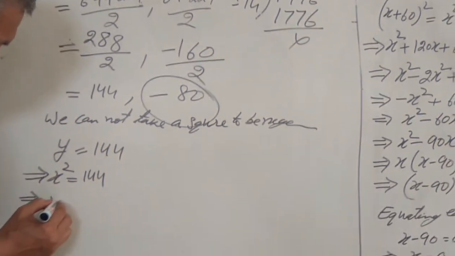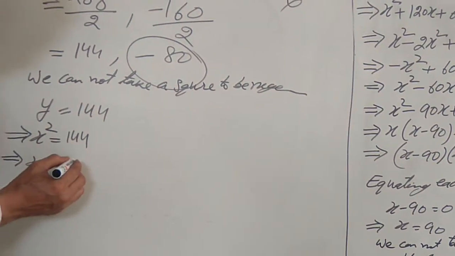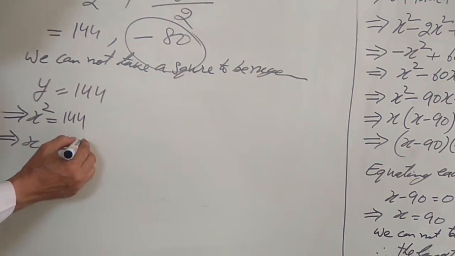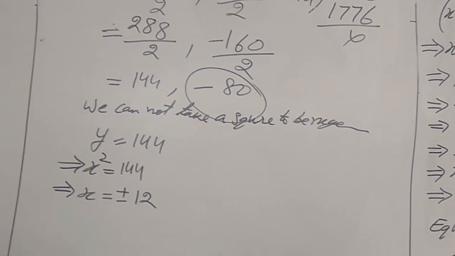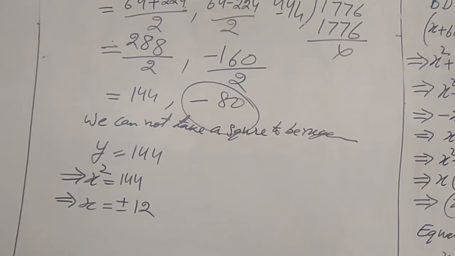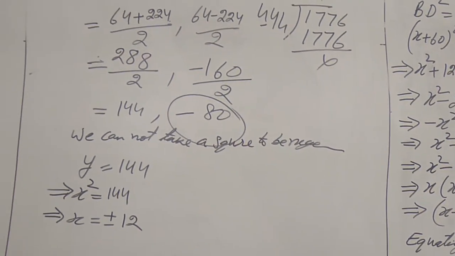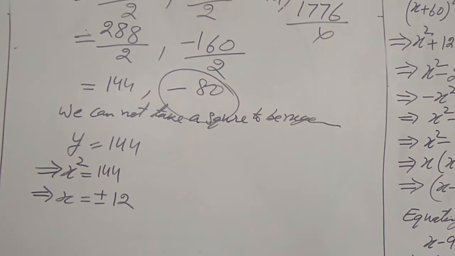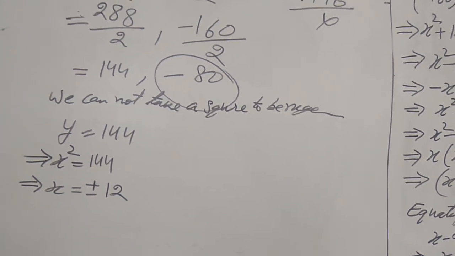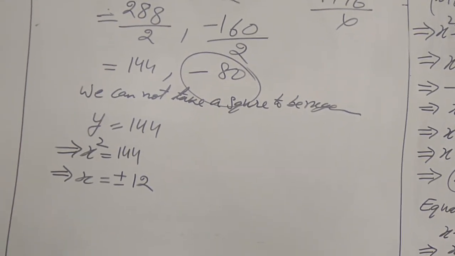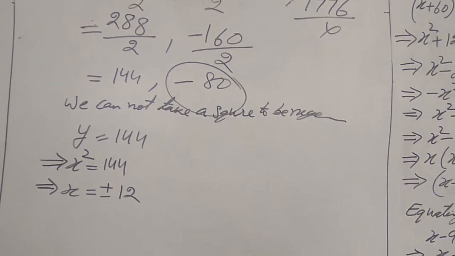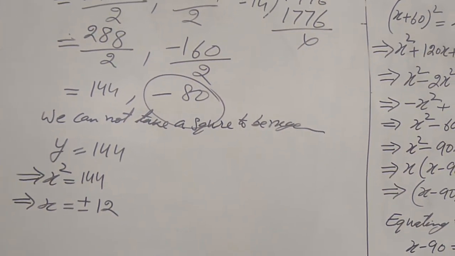That means x is equal to 12, the square root of 144. So we have found out the value of x. x we have taken as the smaller number. That means the smaller number is plus minus 12.